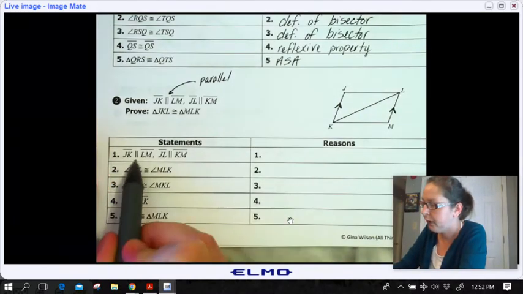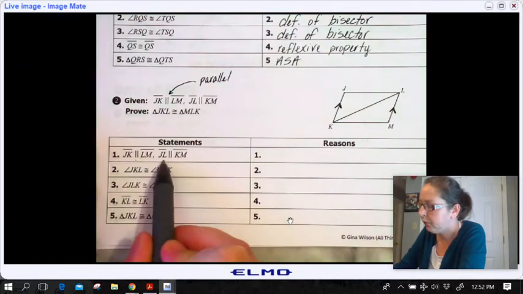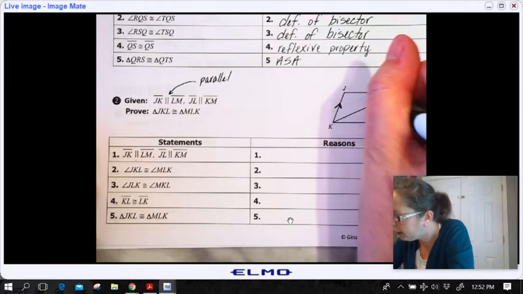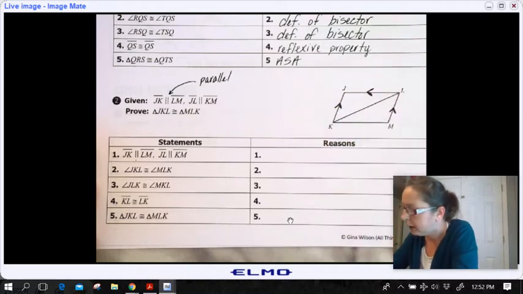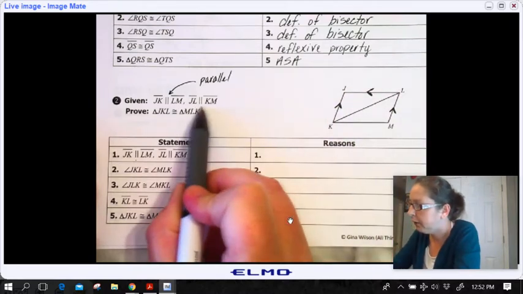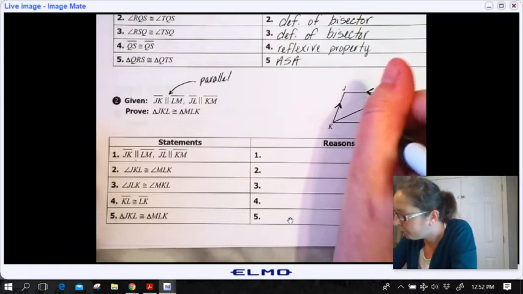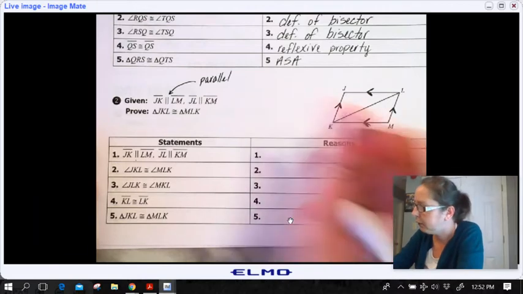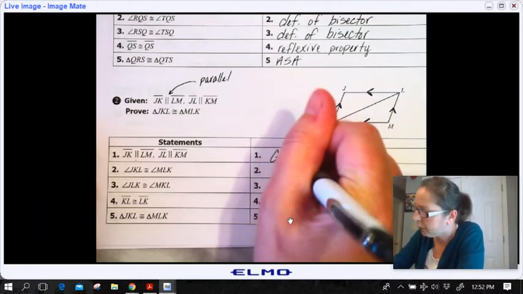I know that because it's given. They also tell me JL is parallel to KM. So they gave me two pairs of parallel lines. That was all given.